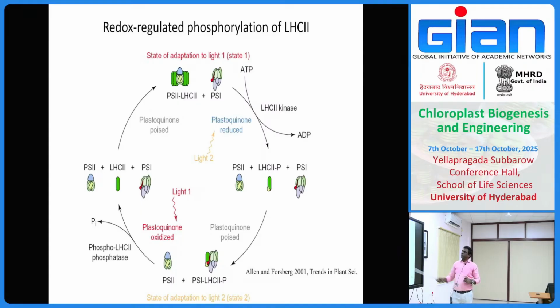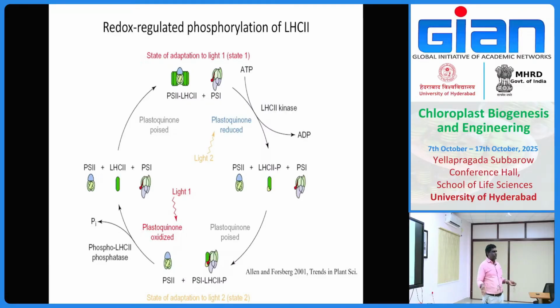When the system is required to balance the energy, say you are going outside, the plant is exposed to fluctuating light conditions.